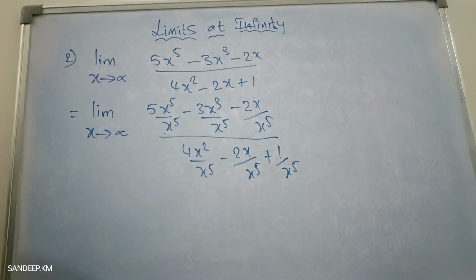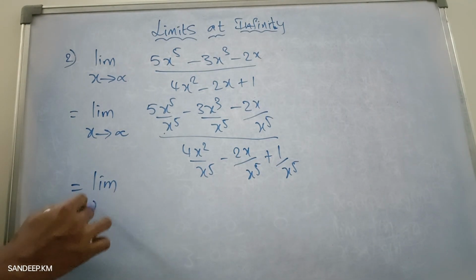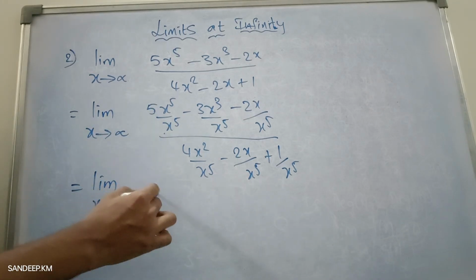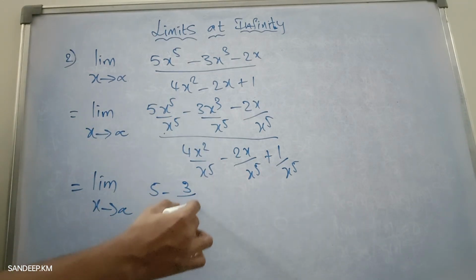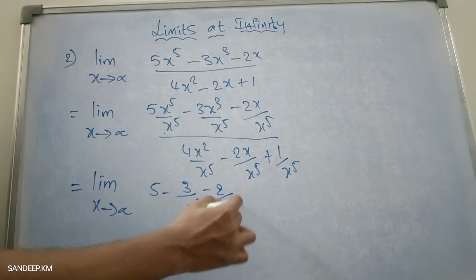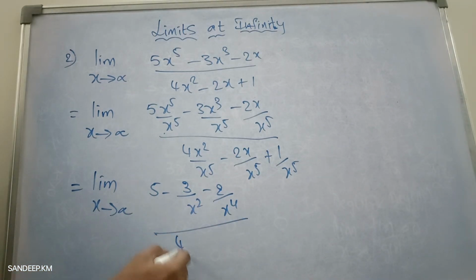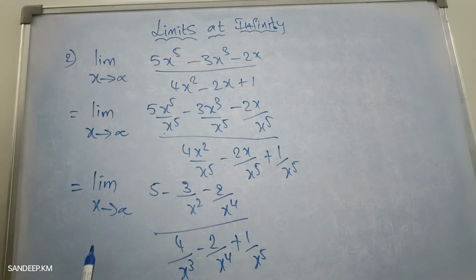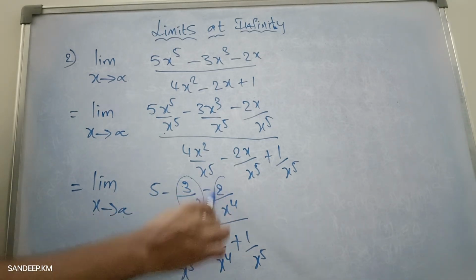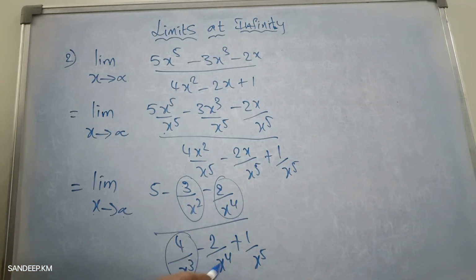Now, in that case, limit x approaches infinity, here you'll get 5 minus 3 by x square minus 2 by x power 4, divided by 4 by x cube minus 2 by x power 4 plus 1 by x power 5. So obviously when x approaches infinity, 1 by x and other powers of 1 by x approach 0, correct or not? So these will be 0, 0, 0, 0, 0.